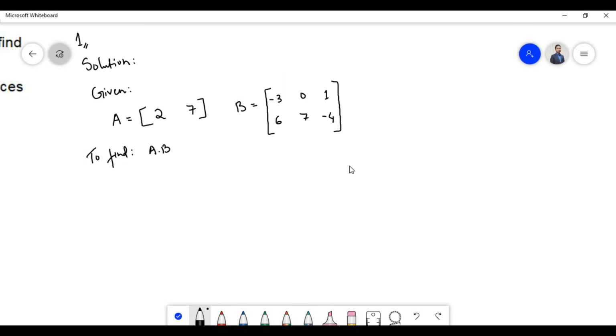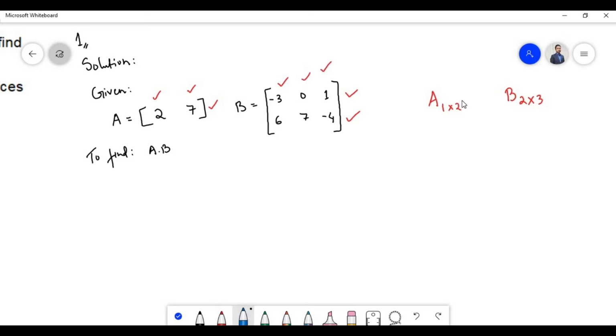Now in order to know whether the two matrices are conformable for multiplication, we need to check whether the number of columns of matrix A is equal to the number of rows of matrix B. The order of matrix A is 1 cross 2 since there is one row and two columns. And the order of matrix B is 2 cross 3 since there are two rows and three columns.